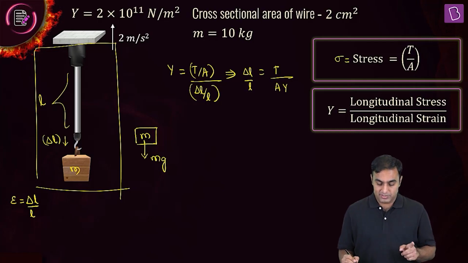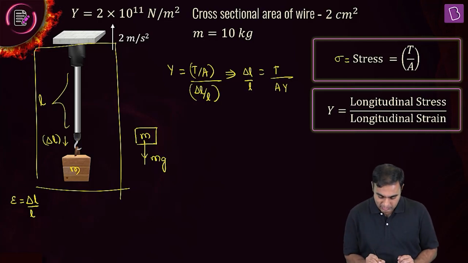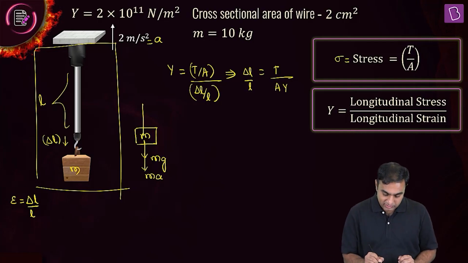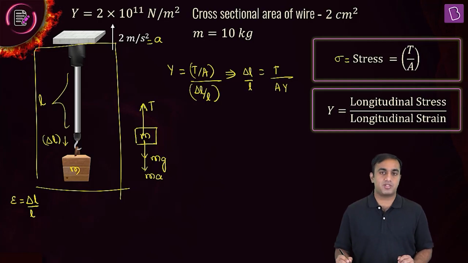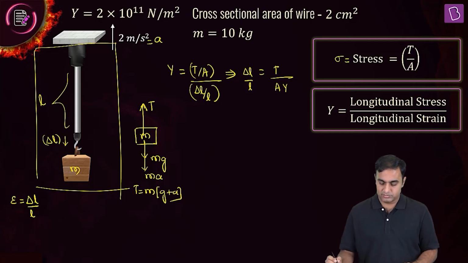Remember, this lift is actually moving up with an acceleration 2 meters per second square. So the pseudo force considered will be in the downward direction, and that will be ma. What is a? a is 2 meters per second square. The tension in the string attached to the mass will be in the upward direction. So T happens to be m into g plus a.